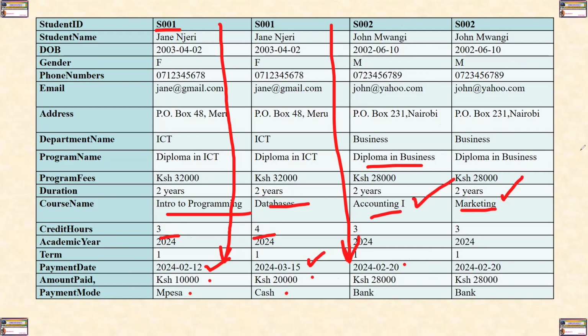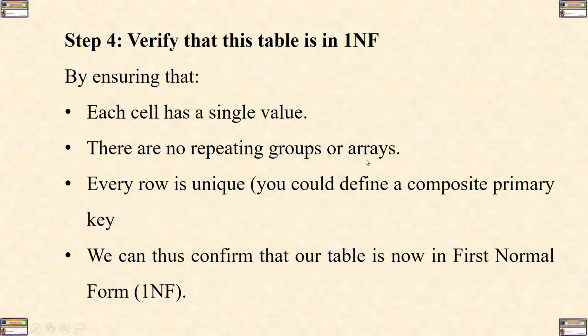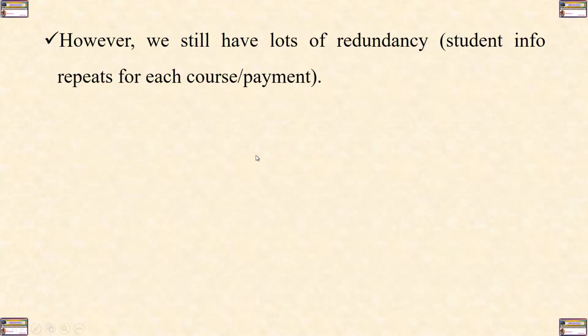So in first normal form, you ensure that in the table you have created, for each row there is something unique. Once we confirm that each cell has a single value, there are no repeating groups or arrays, and every row is unique, we can confirm that we have our table in the first normal form.